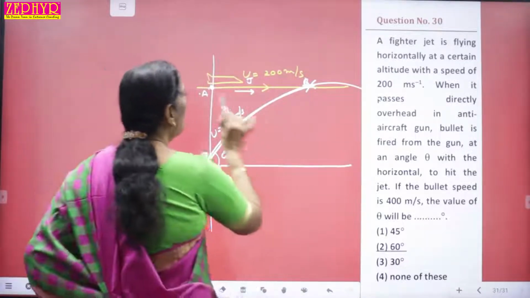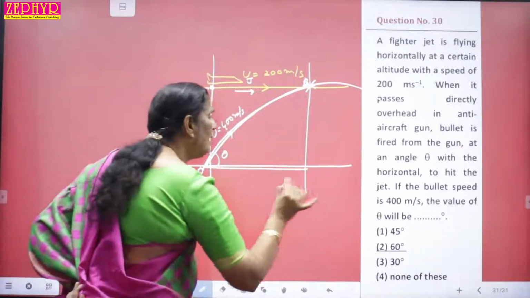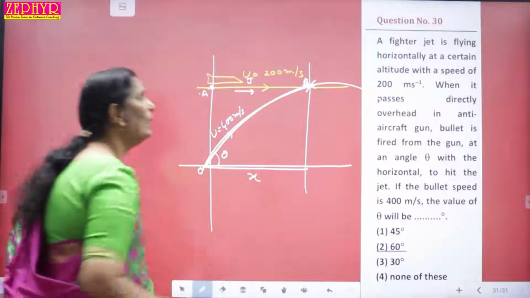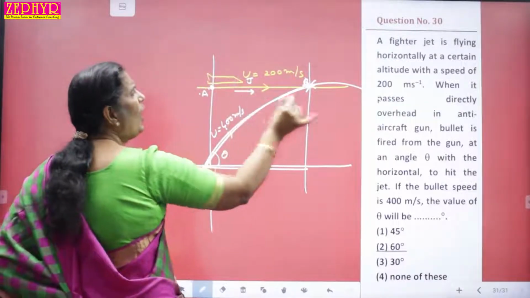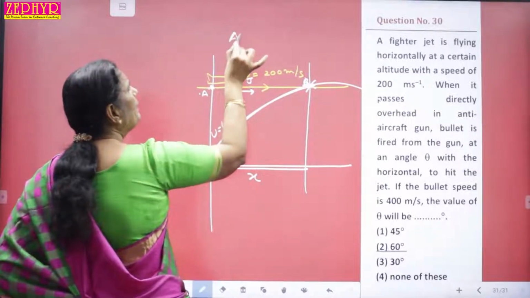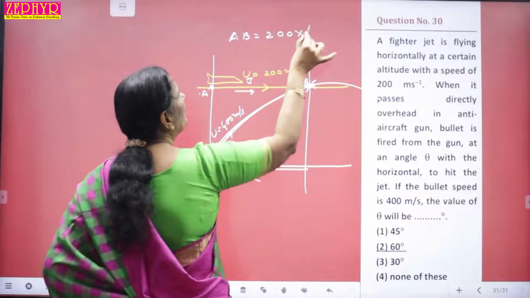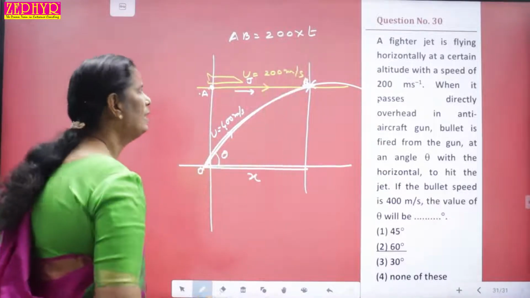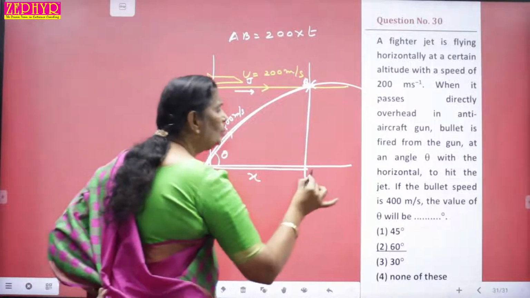So this will be the distance traveled by the bullet. For the aeroplane, how do you write the distance AB? AB can be written as 200 into time. But if you draw a perpendicular, you will get OM.